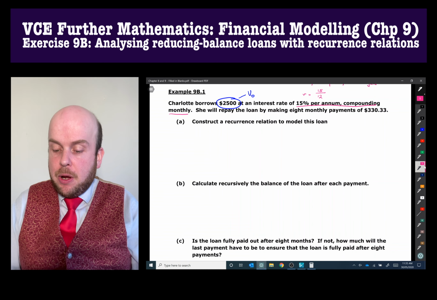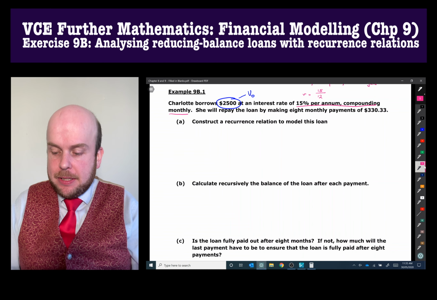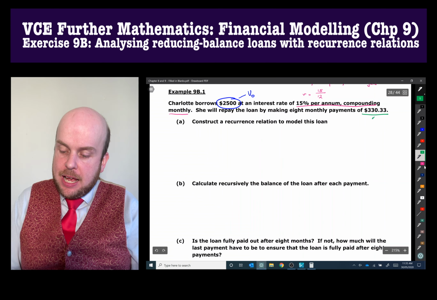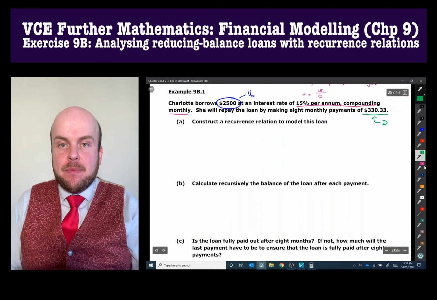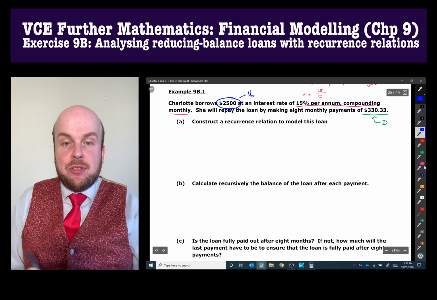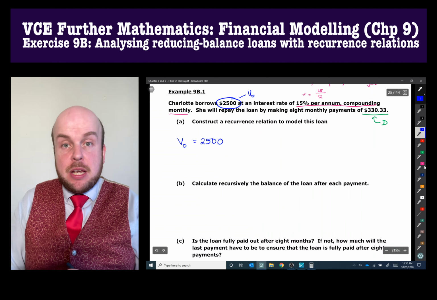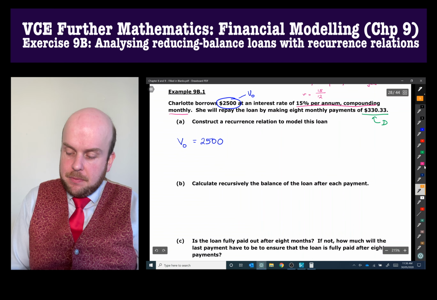She will repay the loan by making 8 monthly payments of $330.33. So there is our D value. Now it's just a matter of constructing the recurrence relation. So V0 is equal to 2,500. You don't need to put the symbols in.